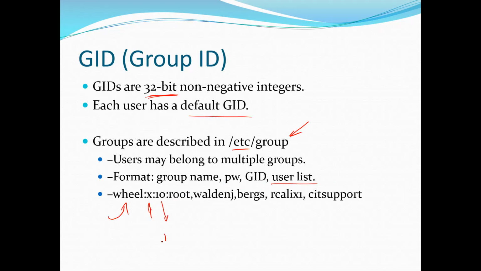The ID is 10, and then these are the users. Here you have root, Walden J, Bert, Calix, and CIT support. All of these can belong to a group. So that's how you do it, and you'll see examples of this in the lab as well.